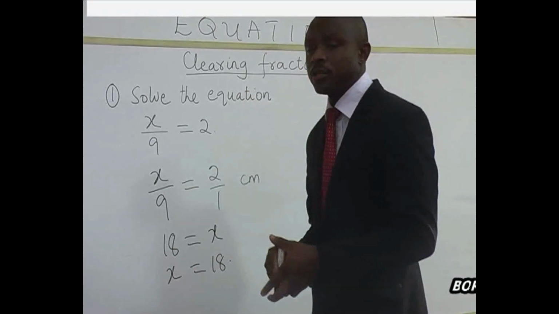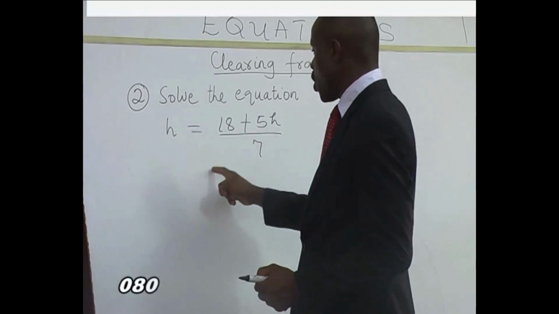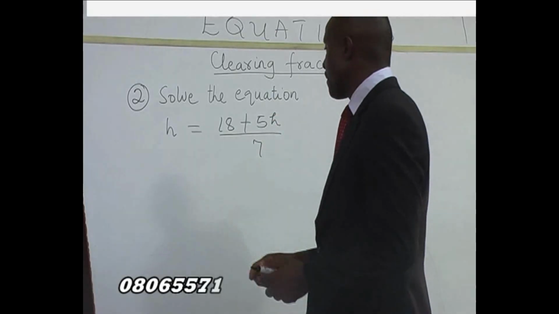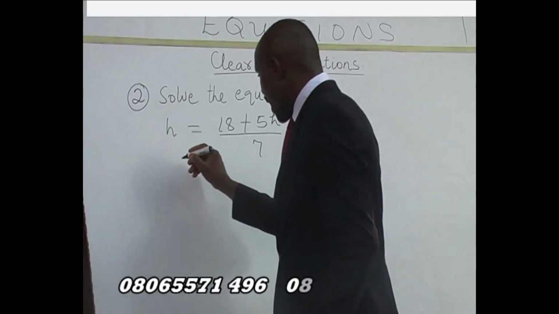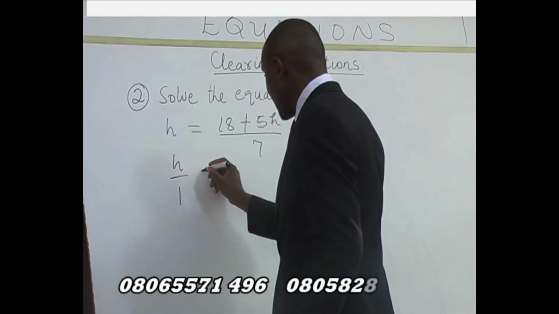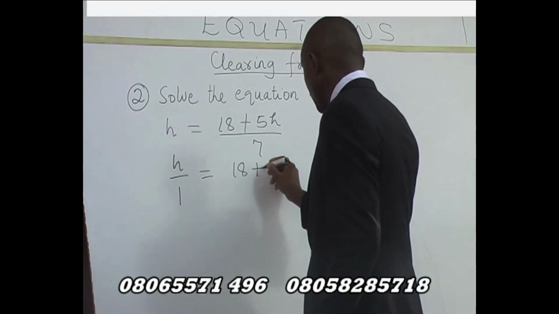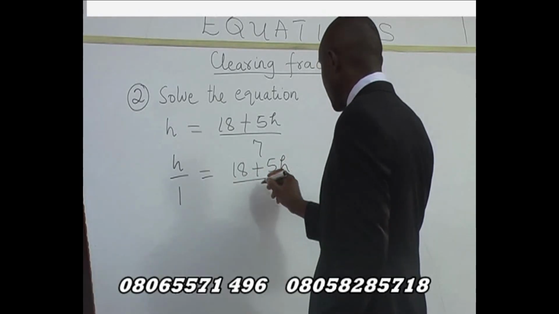That becomes the solution. The second question becomes solve the equation h is equal to 18 plus 5h all over 7. Write everything in the left hand side and on the right hand side of the equation to be in fraction form. So this will be h all over 7.